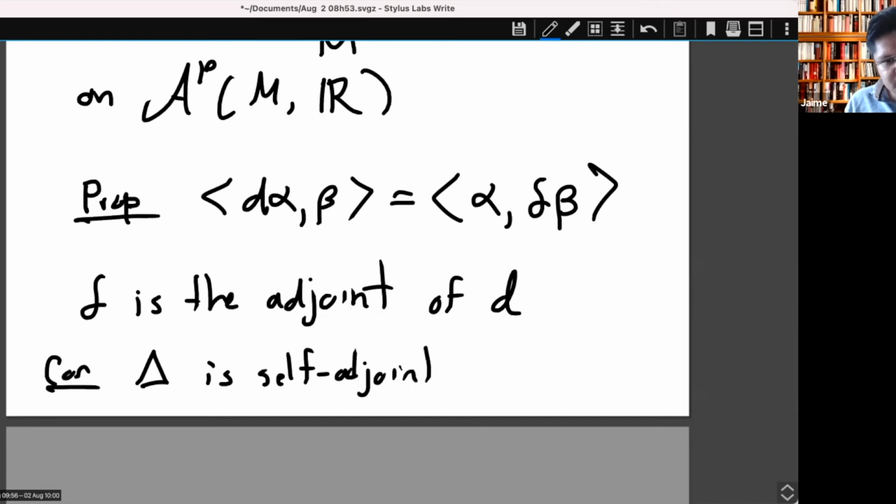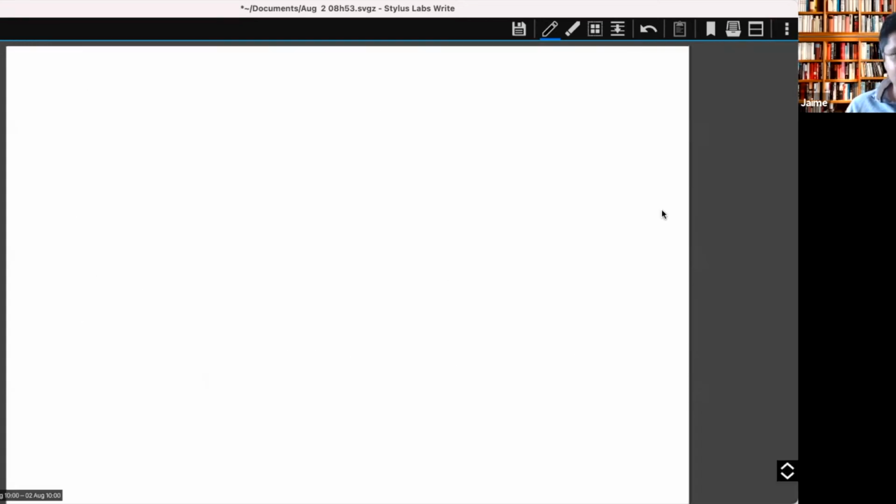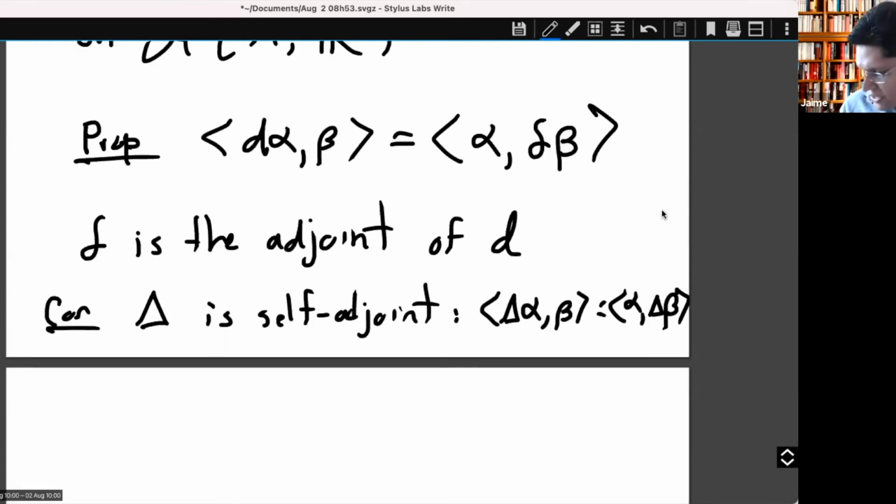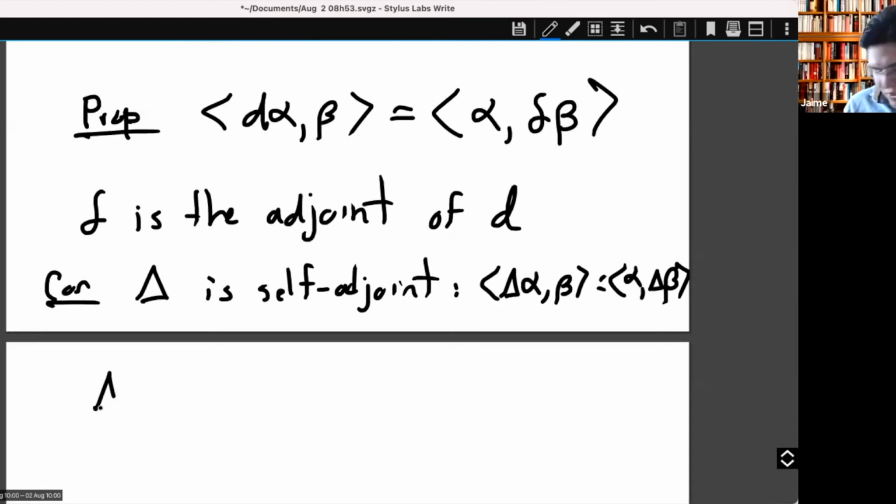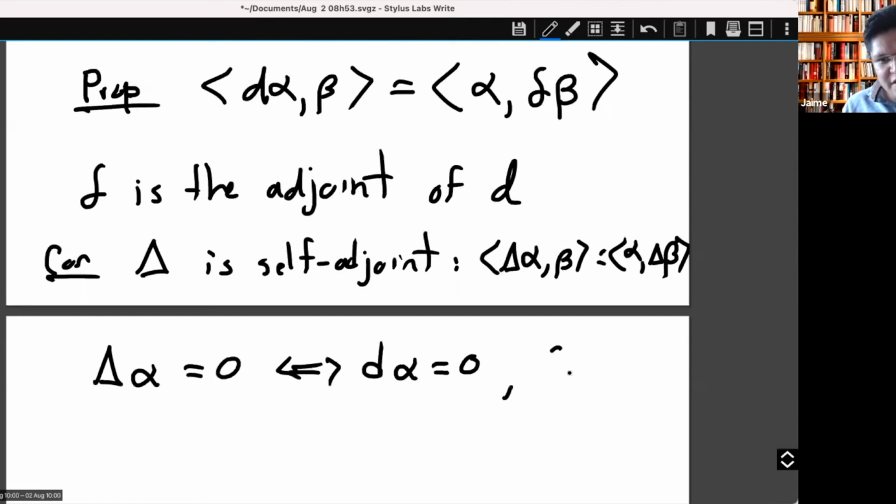What that means is that when you take the inner product of the Laplacian of alpha with beta, you recover alpha with the Laplacian of beta, okay? So the Laplacian is self-adjoint, and with this at hand, we can show that the Laplacian is zero if and only if both D and delta are zero, okay?